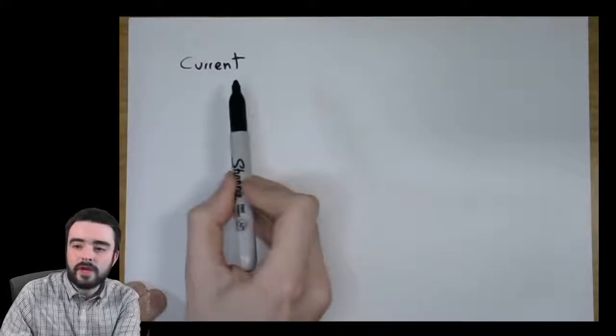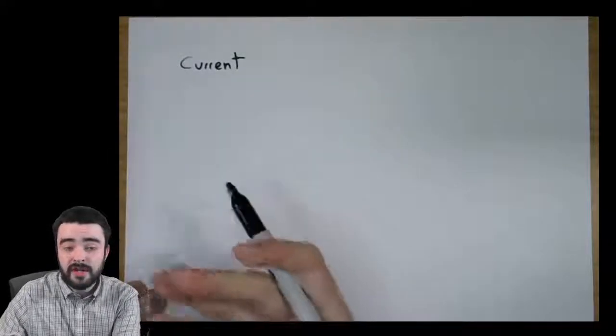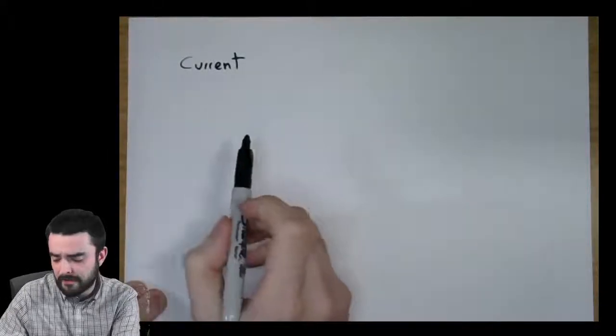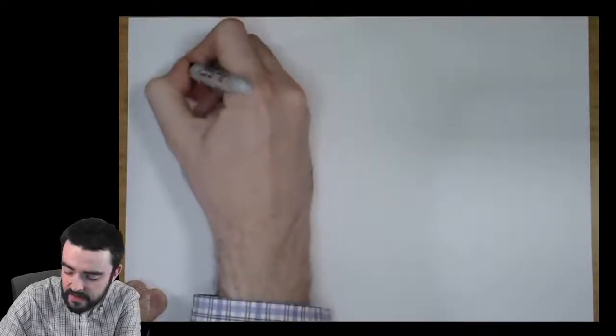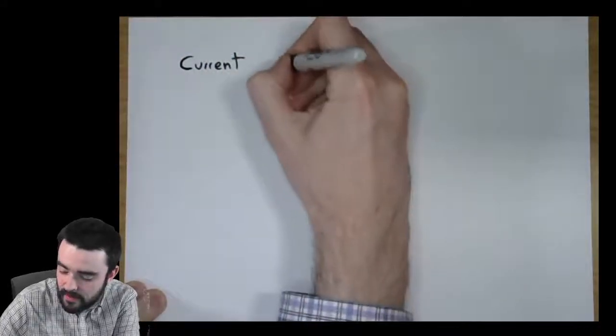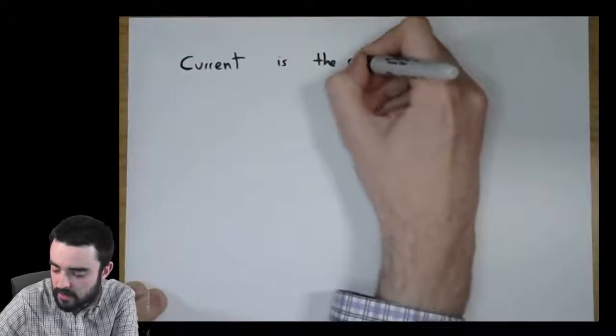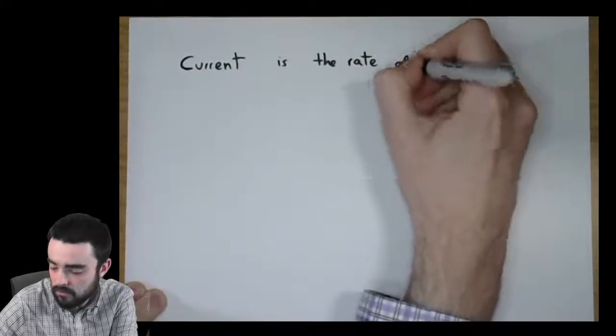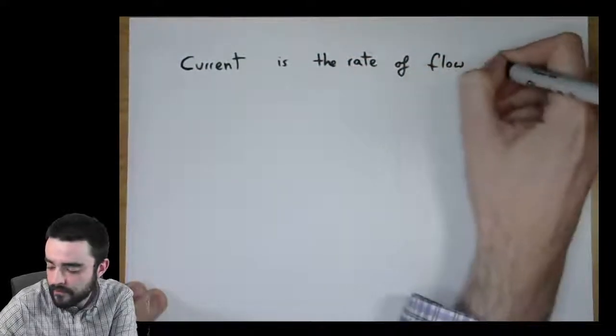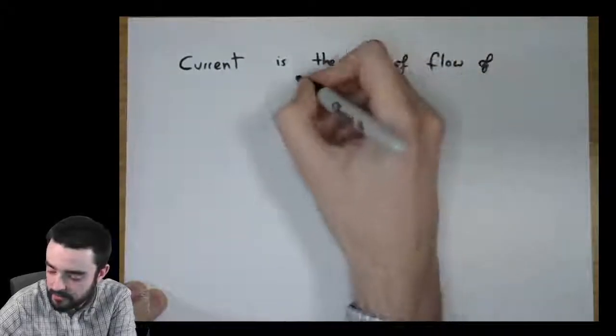So the electrical current, very much like a water current, is just the flow of something. So we could say that current is the rate of flow of charge.